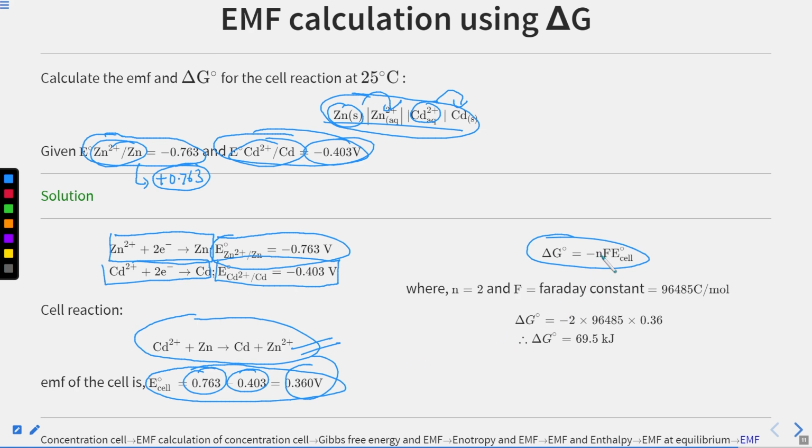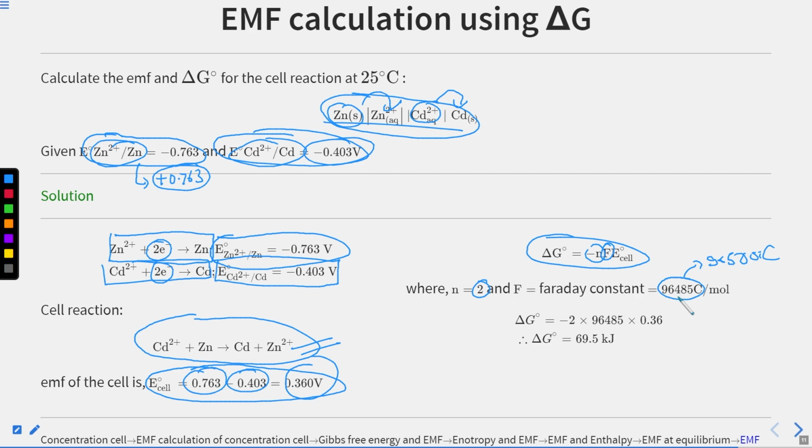Now, if you want to calculate the delta G naught, how will you calculate? You have seen that 2 electrons are involved in both the equations. So the number of electrons is 2. Now what is the Faraday constant? We know it very well. It is 96485. So do not get confused here. Sometimes you will see 96500 coulomb, and sometimes you will see 96485.